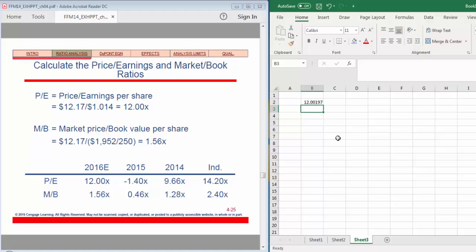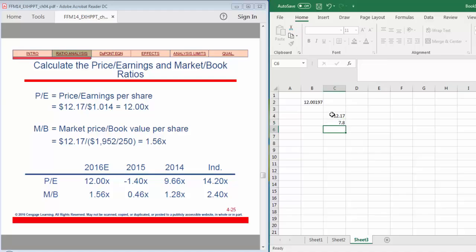Market to book value, market price is the market share price divided by the book value per share, which is the total equity divided by number of shares. So this is going to be 12.17. This is the share price in the market, and the value of the share on the book is going to be the total equity, 1950 divided by 250.